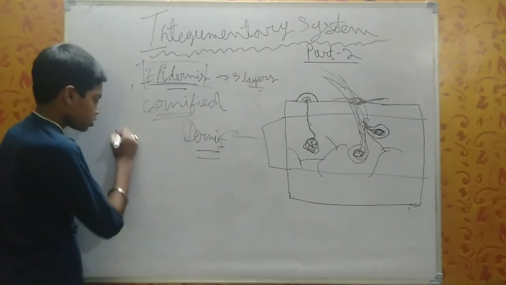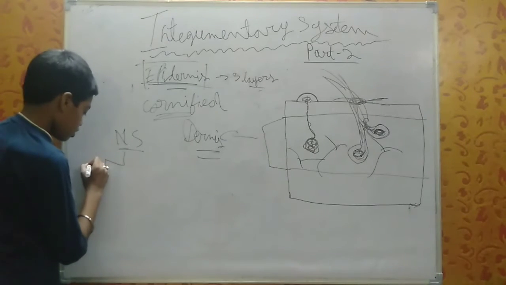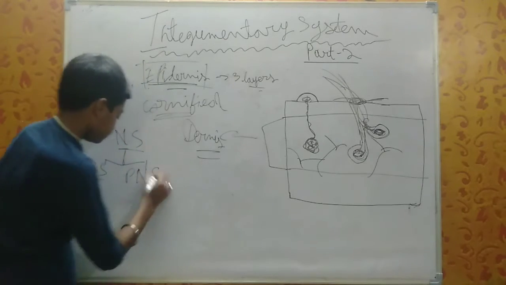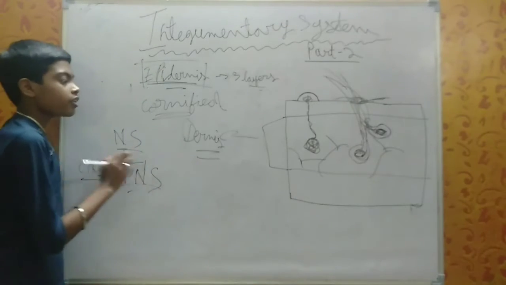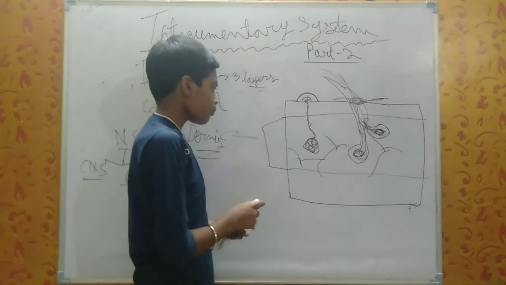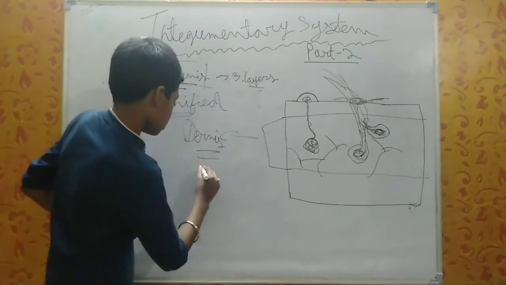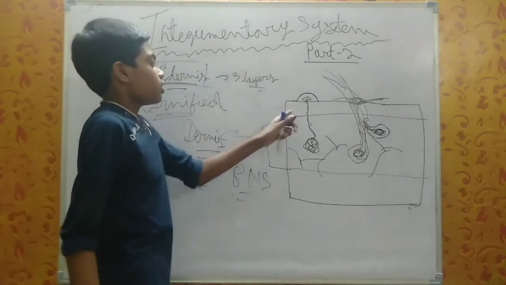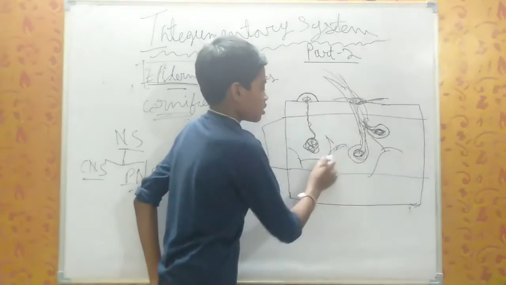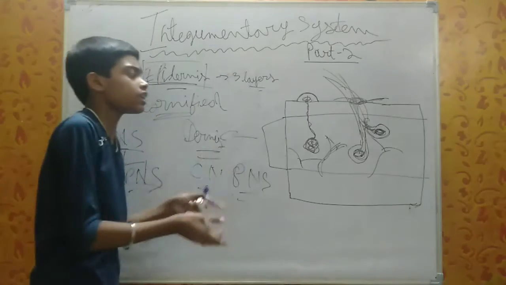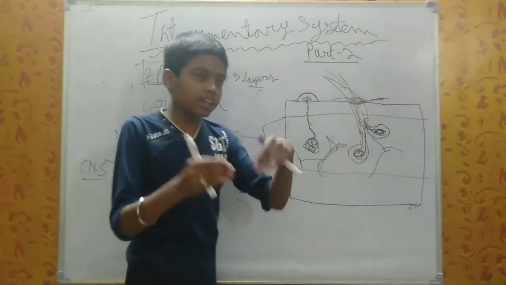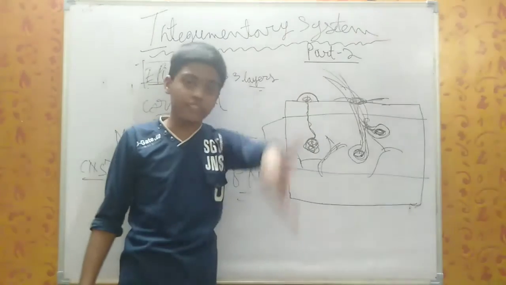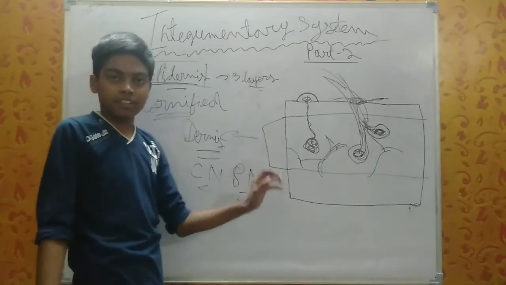There is the nervous system, the CNS, and the PNS. The PNS gives instructions, and when we touch any hot or cold thing, when we sense anything from our skin, that sensory information goes to the peripheral nervous system.